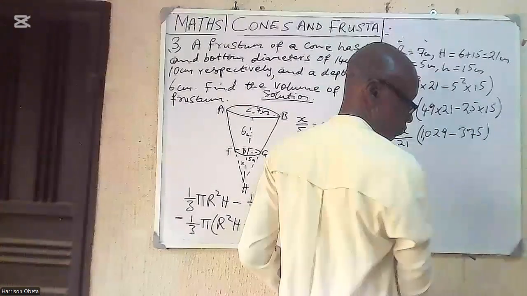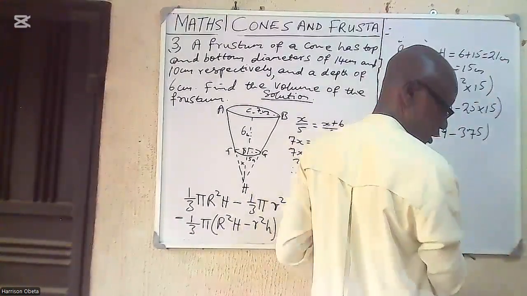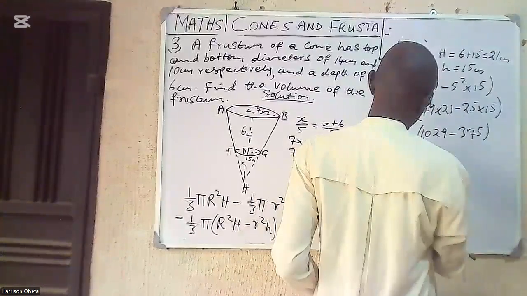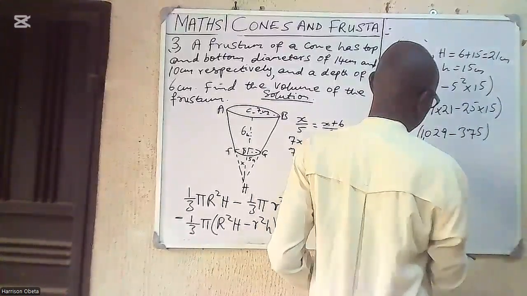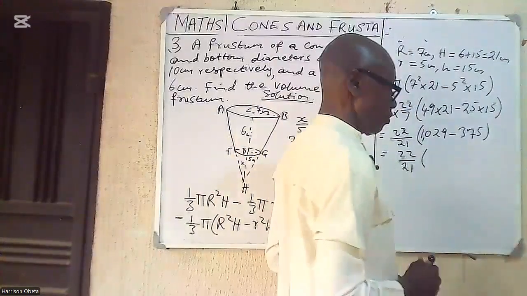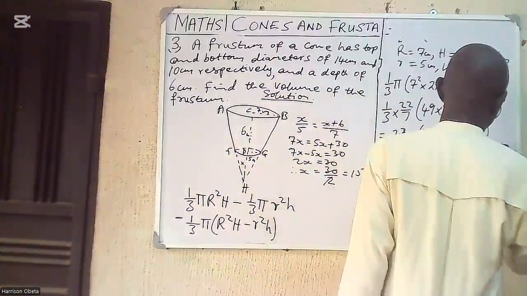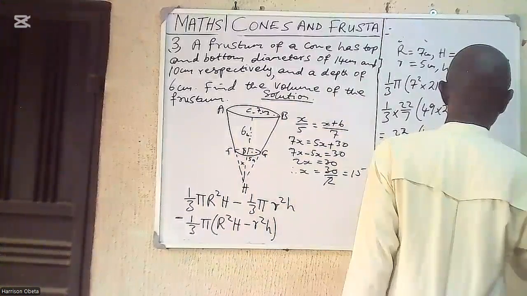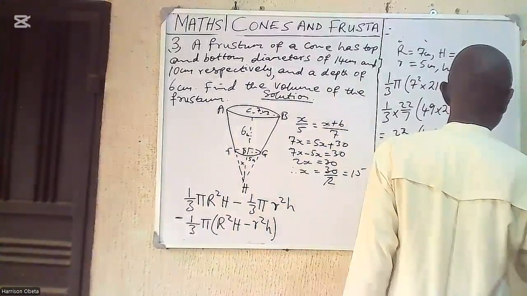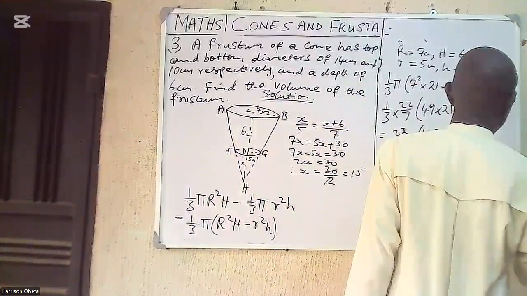And then that will give us 22/21 into, you subtract, that will give you 654. That's 1029 minus 375.